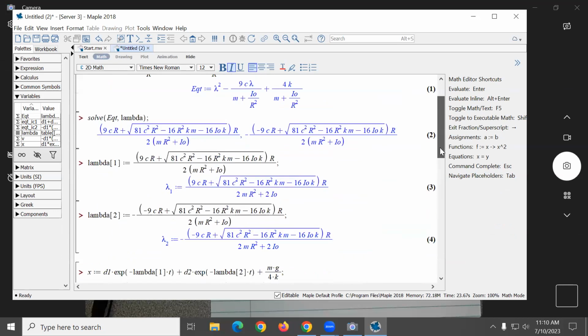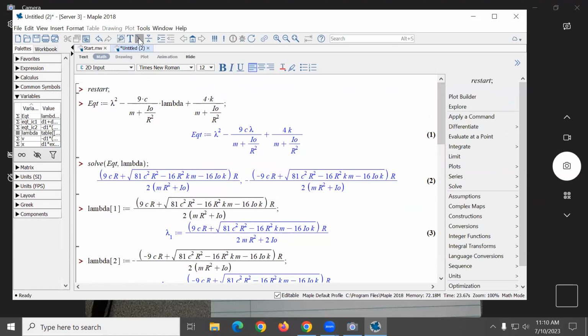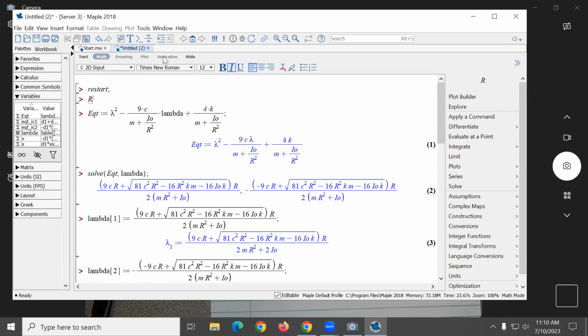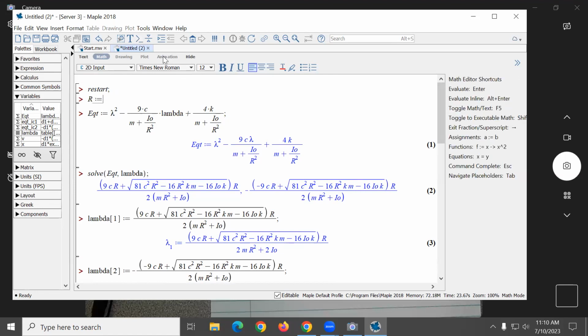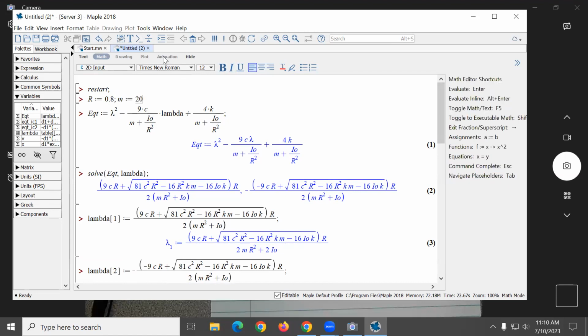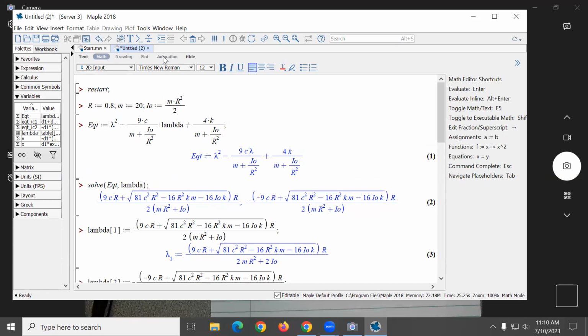But what happened? Okay, now if you do this, and let's say you come over here and you start putting values, what were our values? I have it right here in front of me. If we do R equal to 0.8, M equals 20, I sub naught equal to M times R squared divided by 2, then what do we have?